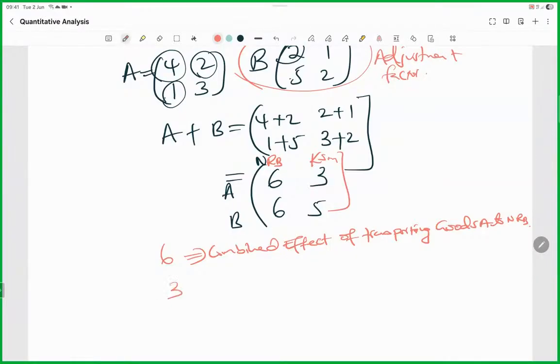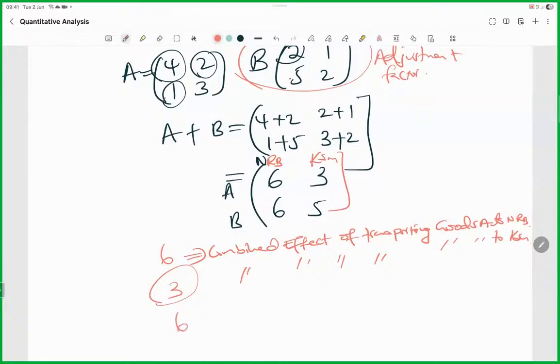The 3 will be the combined effect, combined because we added, of transporting goods A, but this time around to Kisumu.